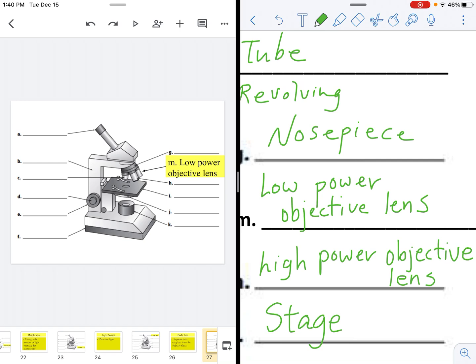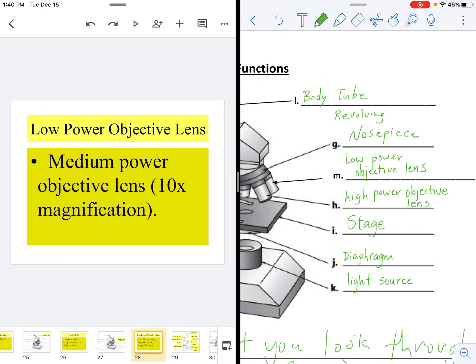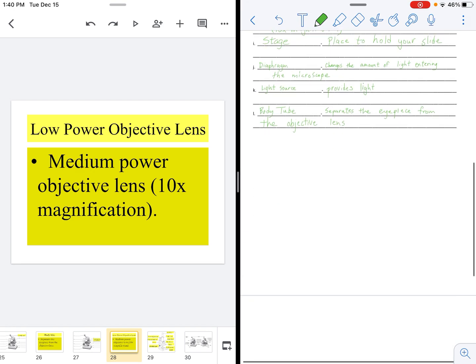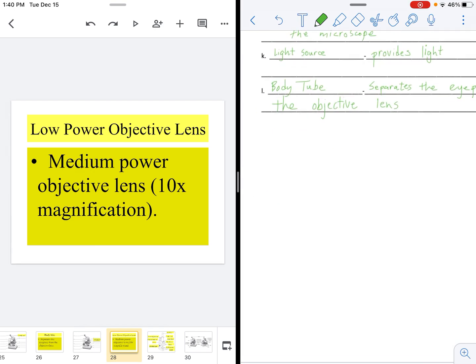But the scanning lens, that first smallest one, which is letter C, actually doesn't magnify what you're looking at a great deal. And so they still consider this the low power objective lens. Though it is, I will admit, confusing. And for the function of this one, we are just going to write it in on the page.